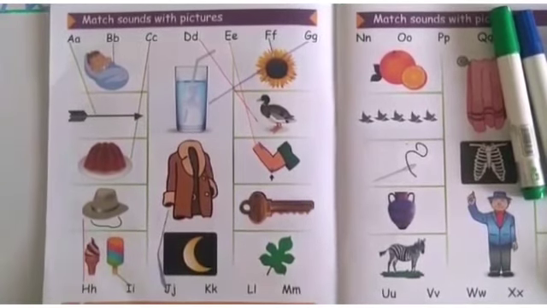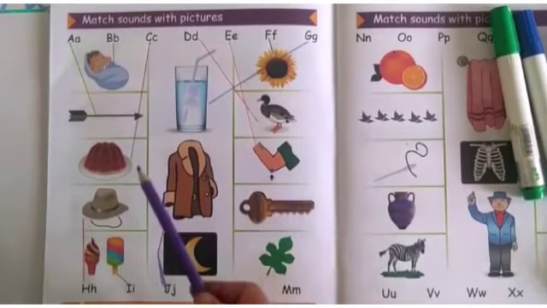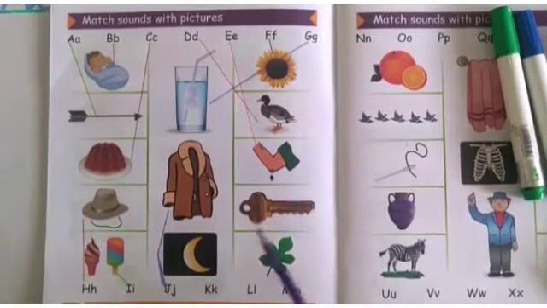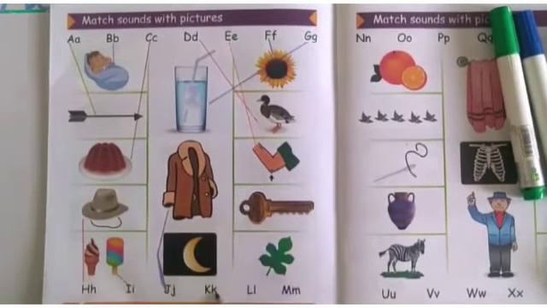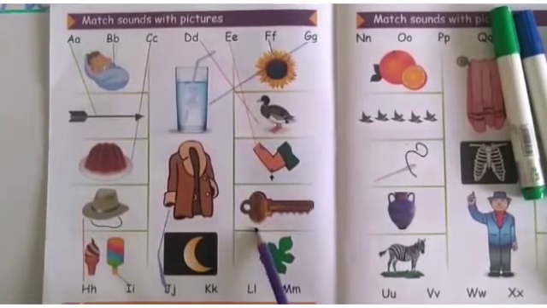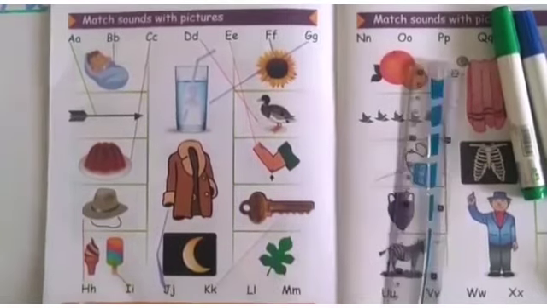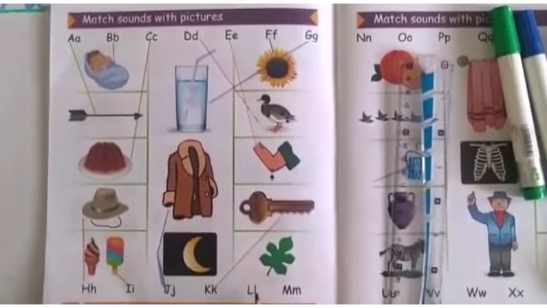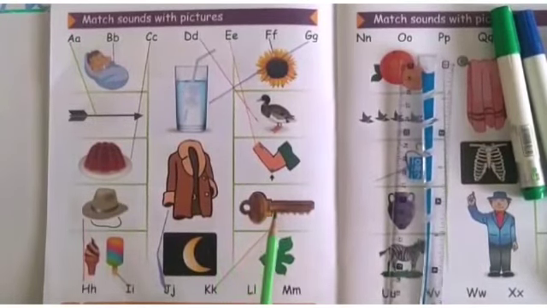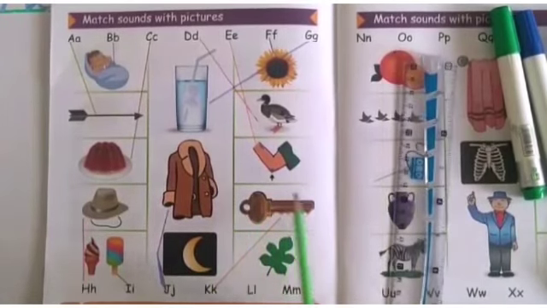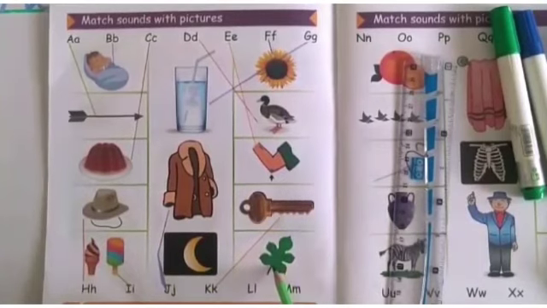Okay, let's move to the next sound. K. Which object starts with the K sound? Yes, it's key. K, key. Let's match it. Our next sound is L. L. Which object will match with L? Okay, it's leaf.